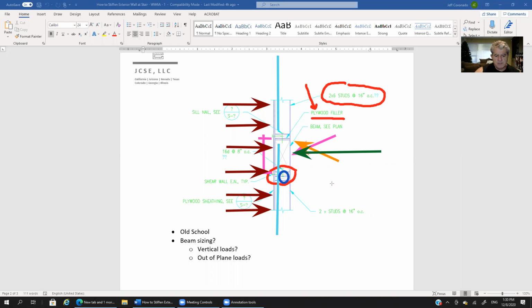Okay, so I already mentioned fixing the old school aspect of this detail for the next engineer here at the office that picks this detail up. The beam sizing is what's critical about this detail. It's calculating those out of plane forces from the wind in order to determine the reaction that occurs at this beam, and then knowing the weak axis.